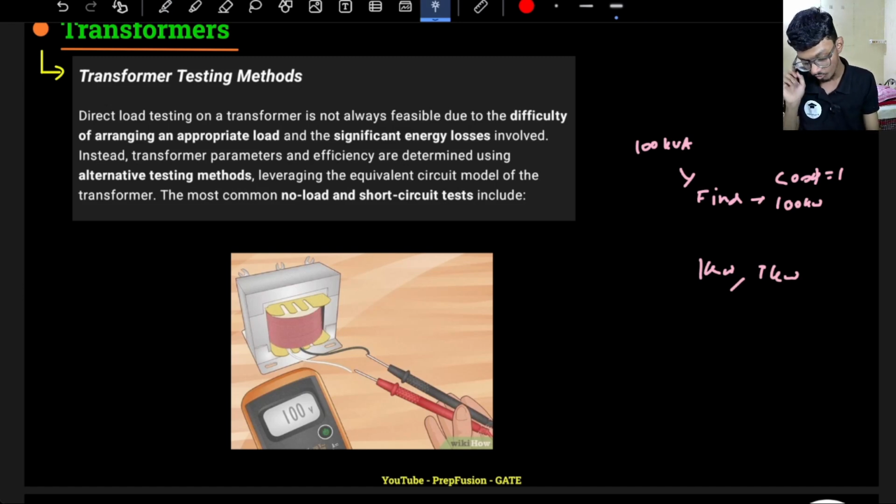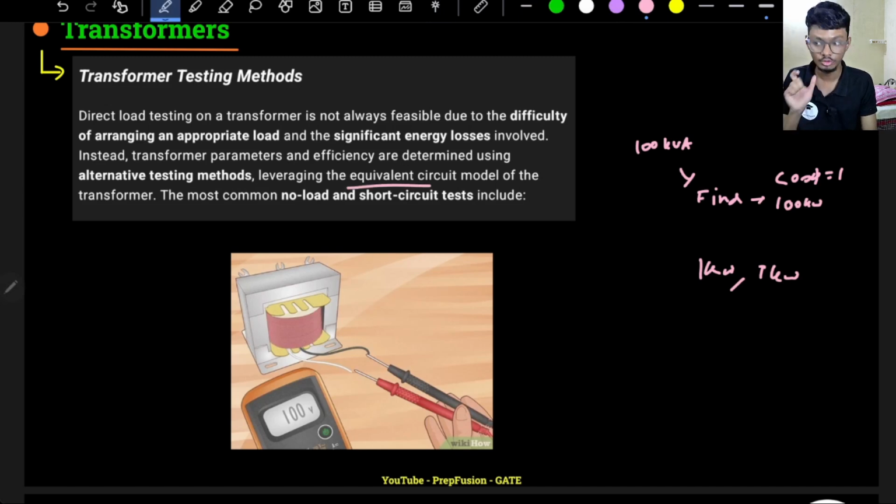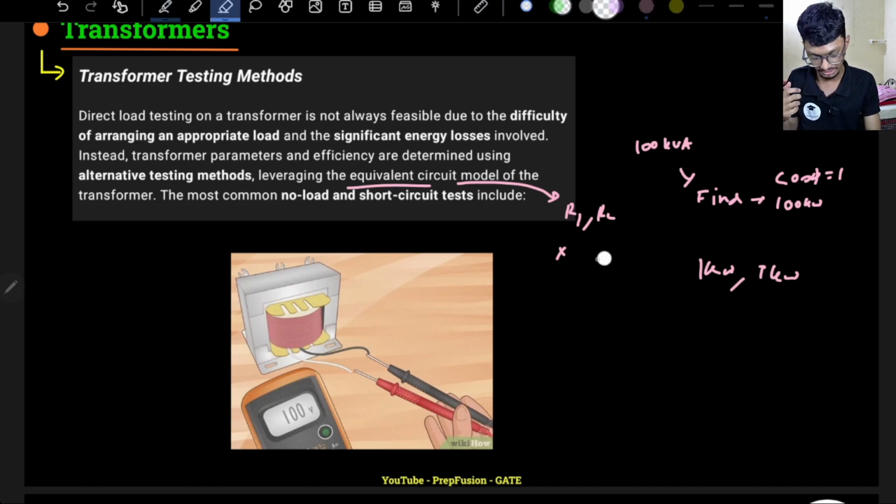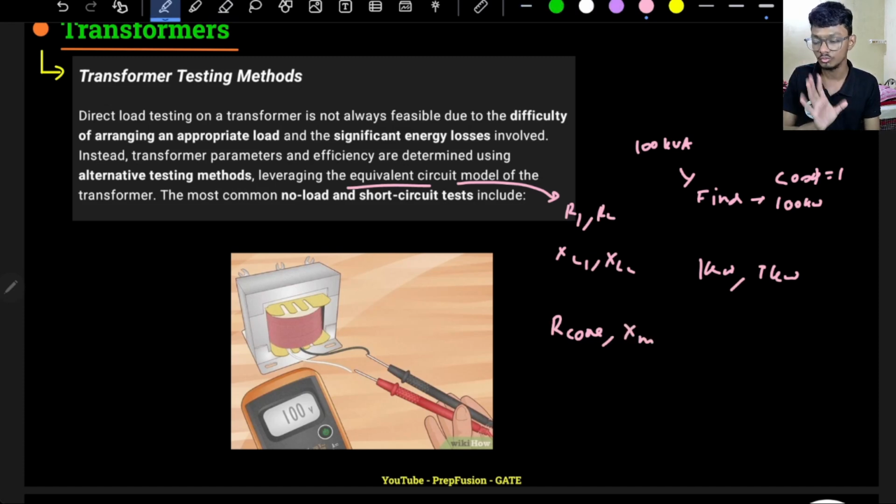So what we do is find the parameters of the transformer. In the equivalent circuit, if you remember, we have the parameters R1, R2, X1, X2, the leakage reactances XL1, XL2, then the core resistance R core and the magnetizing reactance XM. All these things were there. So we will find out these parameters and through this we will model the equivalent circuit.